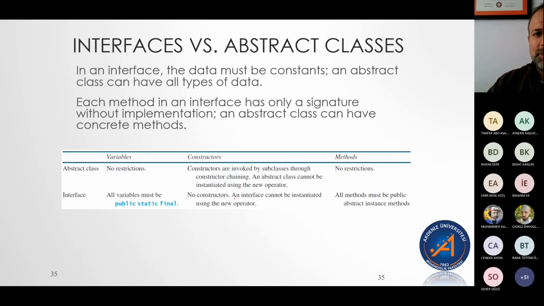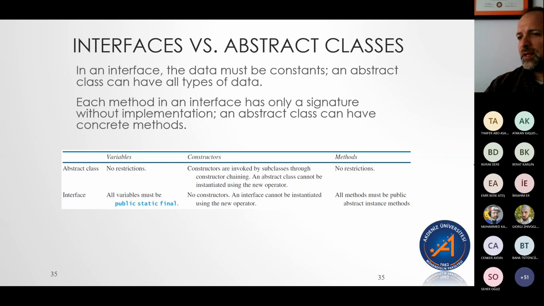It's a class-like thing, but it is not a class. Since it doesn't have any constructors, we also cannot create an object of an interface type with the new operator. But we can create a reference variable of the interface type that points to a class that implements that interface.